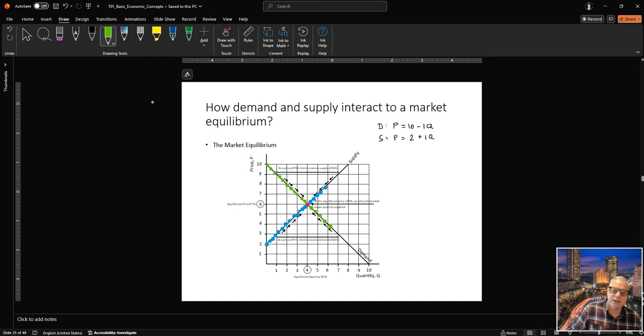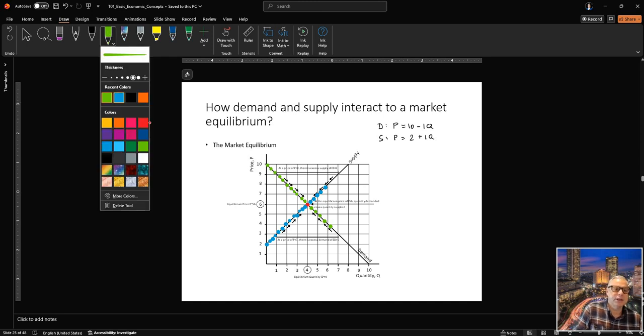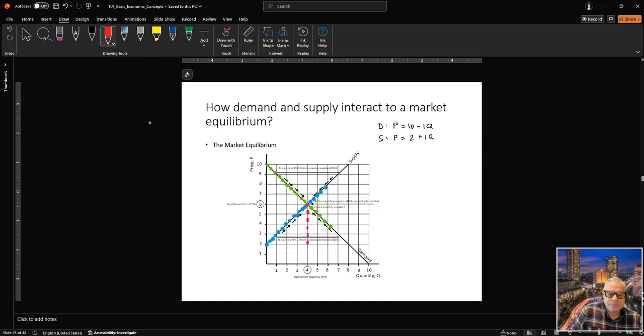So that is why the market clears at the quantity of 4 and the equilibrium price is 6. And sometimes I like to use the term that at the price of 6, the quantity turned over in the market is 4. Okay, but it will become more important as we go into some distortions of the market equilibrium, because that is what we do in the next couple of slides.